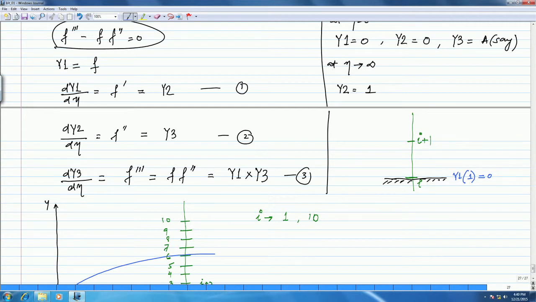So, y2 at 1 is equal to 0, and y3 at 1 is equal to this value a. The way I have written it there is that I call it y3 at the wall. That is something I define at the beginning.